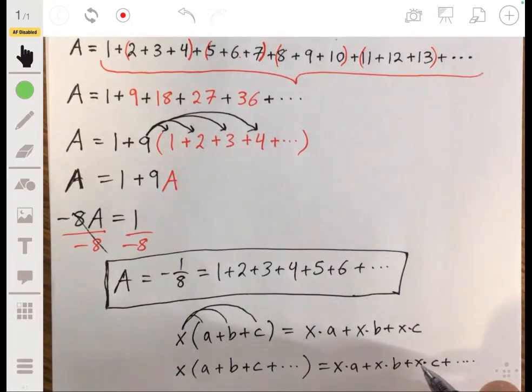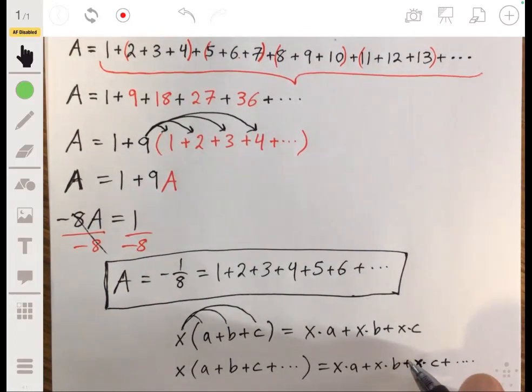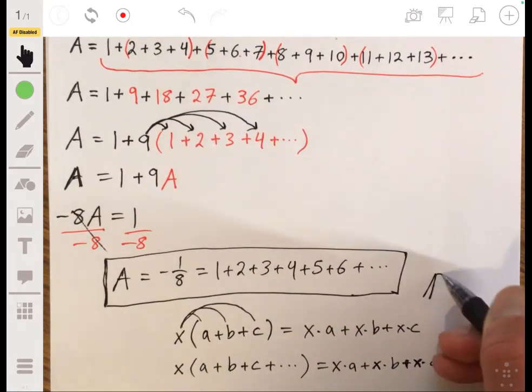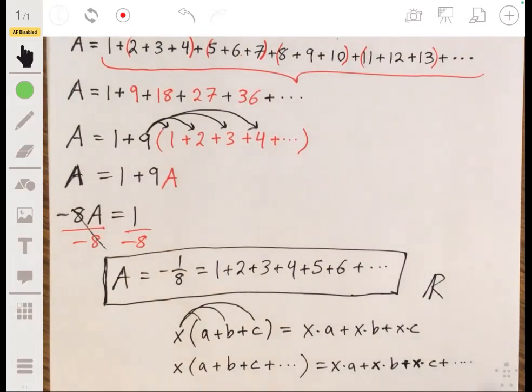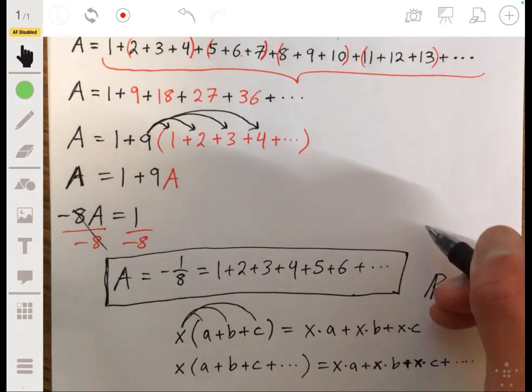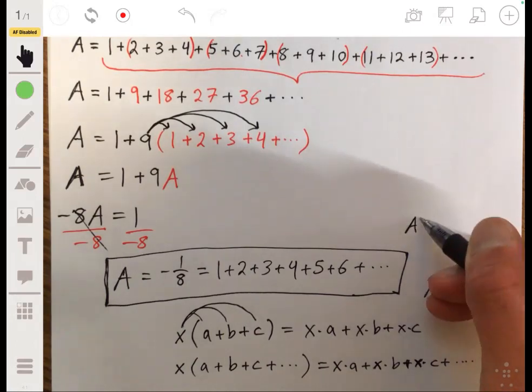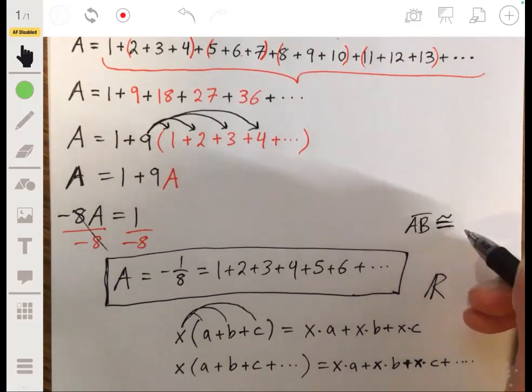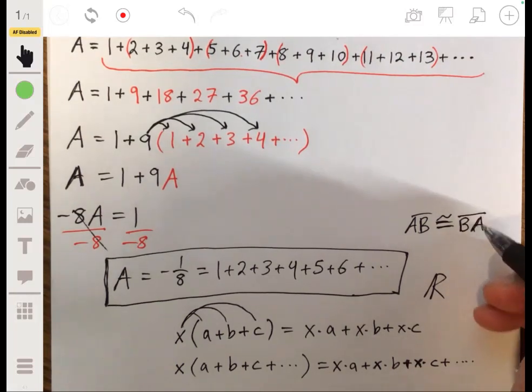If you're in high school and first learning algebra, maybe during your freshman year, you'll see conditions like for real numbers, a fancy looking R, or recently I was going over something like the reflexive property, where line segment AB is congruent to line segment BA, and students will be like, what's the point of this?